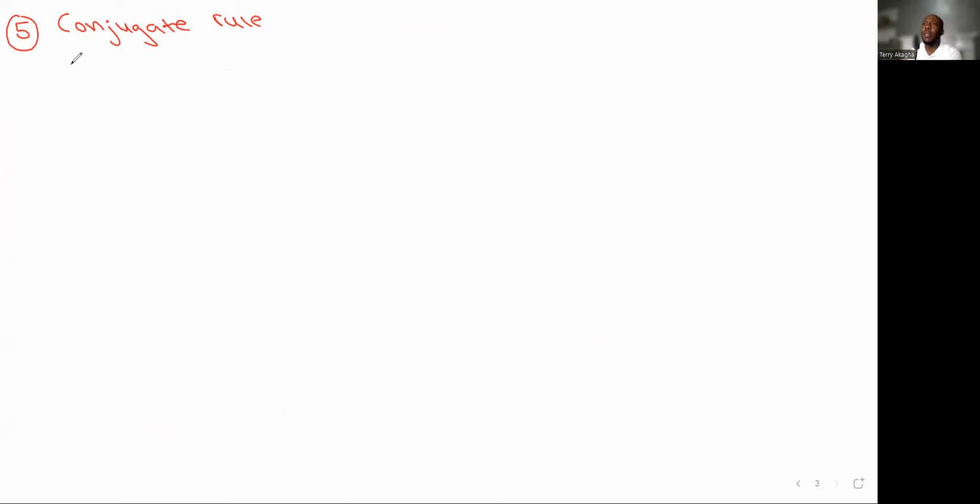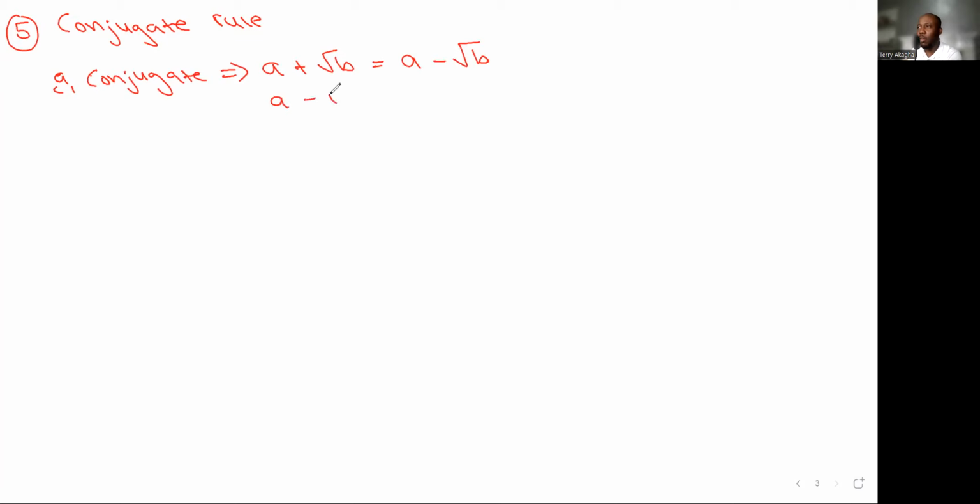So basically, when we talk about conjugate, we're talking about numbers that have different signs. The elements are the same, but the signs are different. So for example, let's say we have A plus root B. The conjugate for this is going to be A minus root B. So when we say something is a conjugate, it means it's the same thing, but the signs are different.